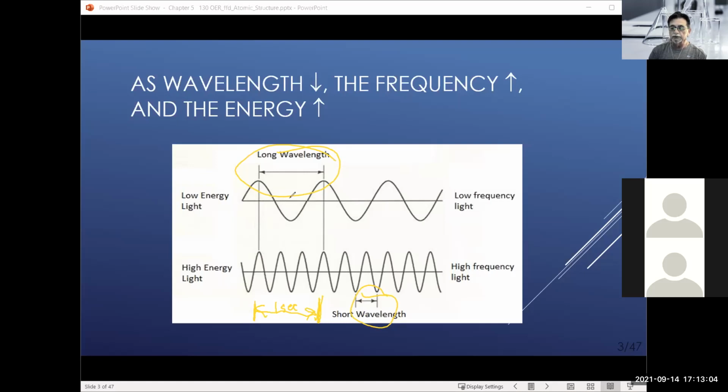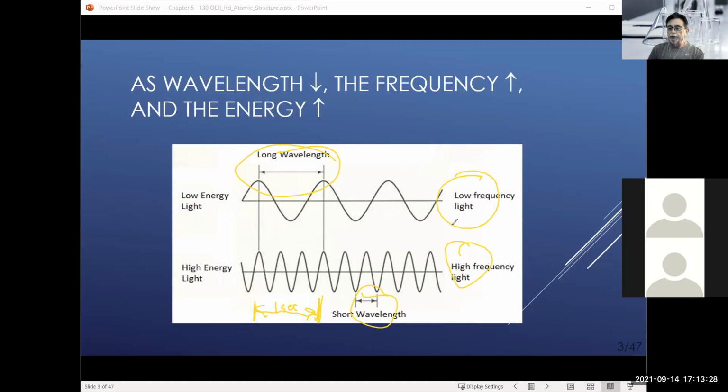So 2 wavelengths versus 4. Okay, and that is the frequency. So obviously the bottom one has a higher frequency because more of those waves pass through in a 1 second time period, compared to the upper one that has a lower frequency, okay?